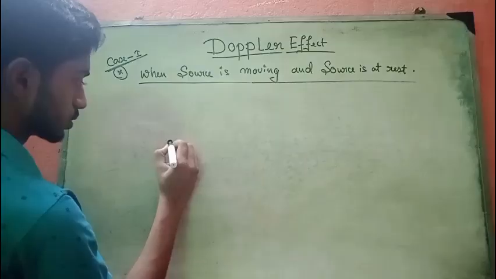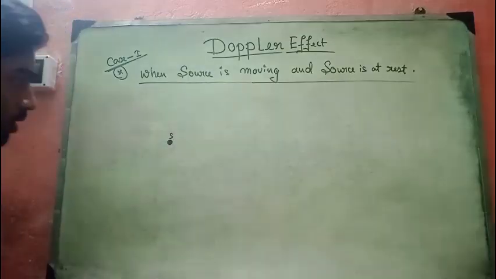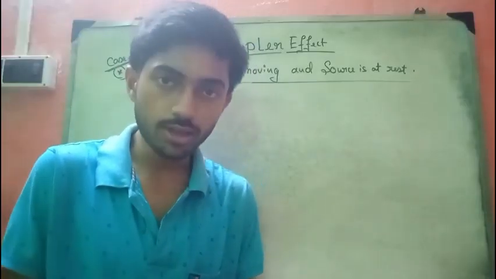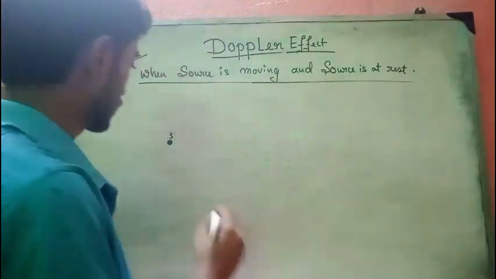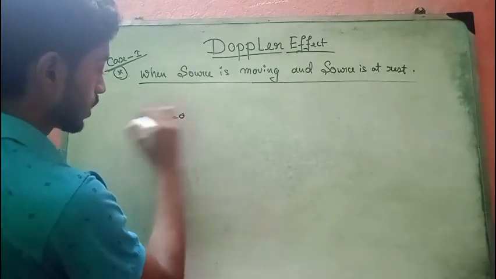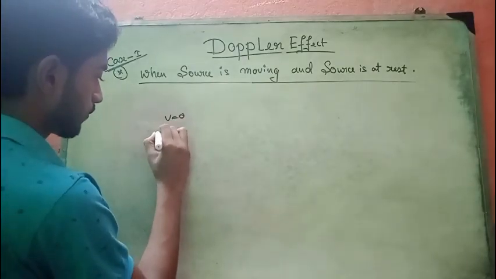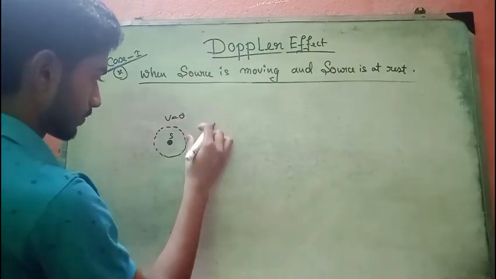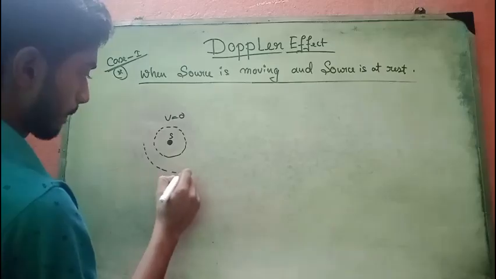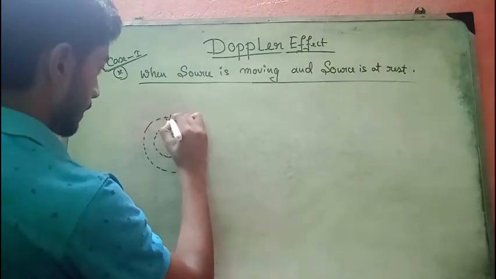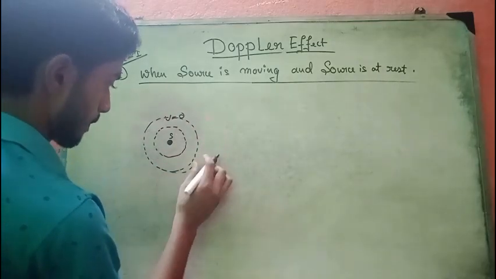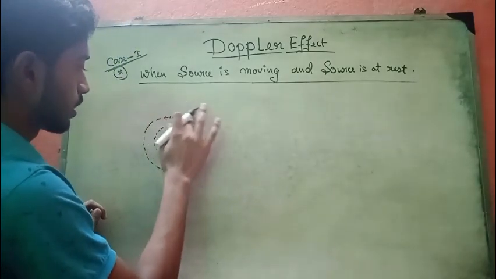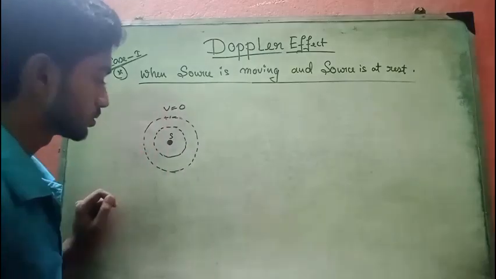This is the source when it is at rest, so its initial velocity v equals 0. So it is at rest, v equals 0. Then the wavefront is just like this, spherical.